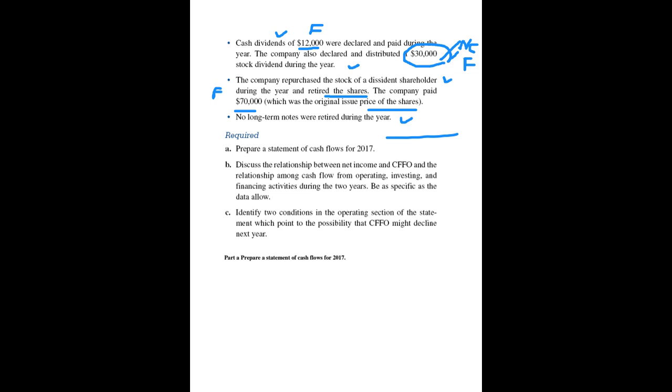So share capital increased because of $30,000 and decreased because of $70,000. If there is still any change, that will be because of additional share issuance. So let's have a look at it. Do remember 30,000 is an increase because of a non-cash transaction, which is the issuance of stock dividend, and 70,000 is the repurchase of shares. So let's have a look at this calculation.